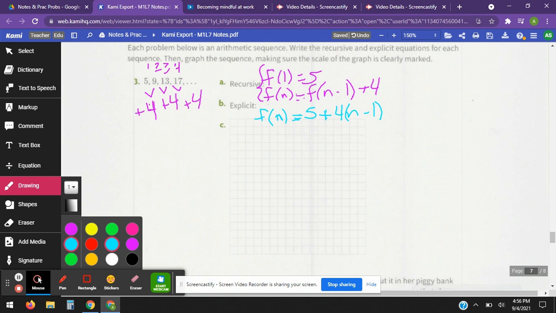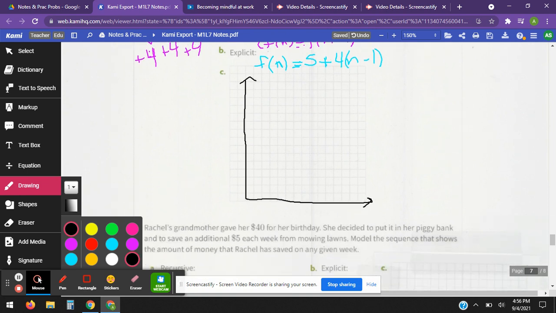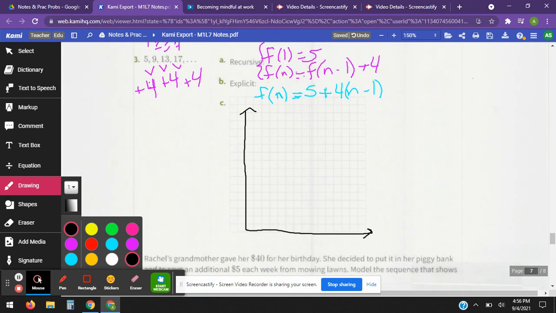Now for our graph, let's just go ahead and draw one down here. So I have 17, 1, 2, 3, 4, 5, 6, 7, 2, 4, 6, 8, 10, 12.